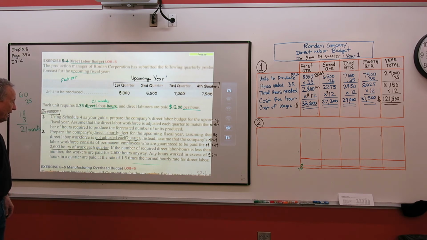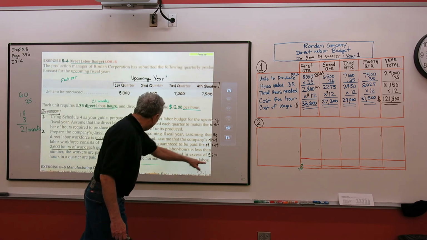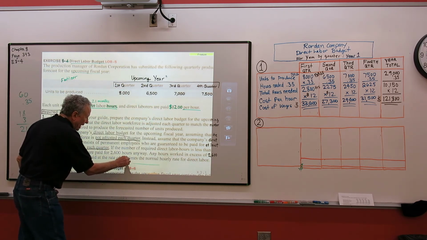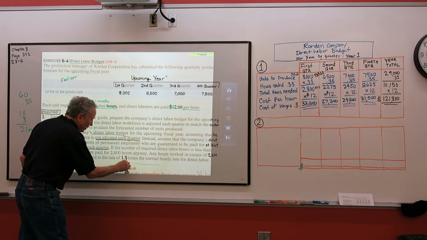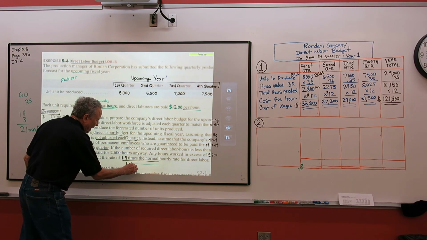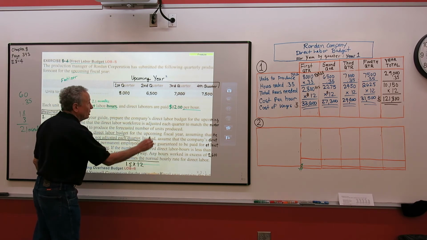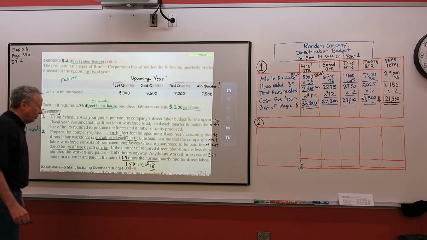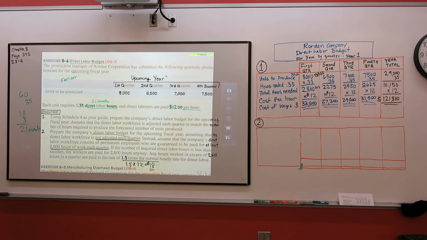Any hours worked in excess of 2,600 hours in a quarter are paid at a rate of what? Time and a half. 1.5 times the normal rate. If you do that, 1.5 times, what are they paying? $12? $12, that's going to be $18 an hour they get, okay? So they get $18 an hour. Anyway, does that make sense?